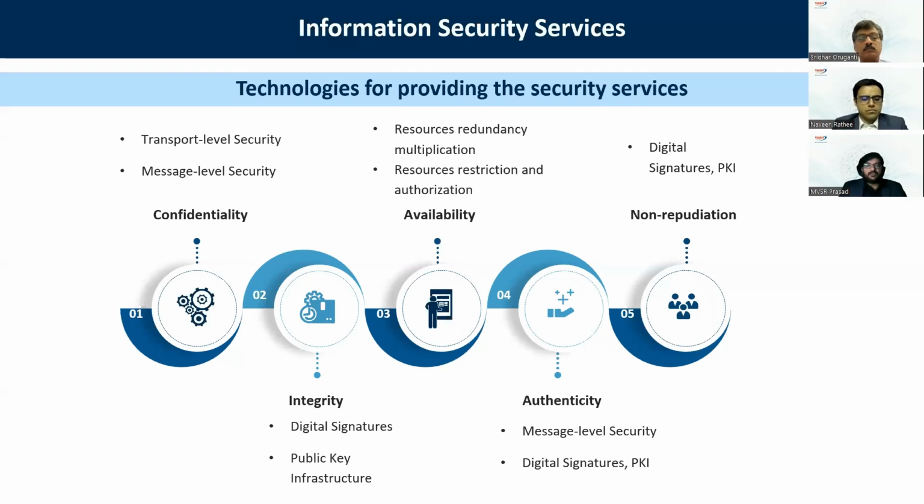Availability, in the sense of resource redundancy, multiplication, resource restrictions and authorization. Then authenticity, through message level security as well as digital signature or PKI, which are certificate-based communications we apply at message level. Then non-repudiation, which is digital signatures and PKI, and also applies to the same authenticity aspect.